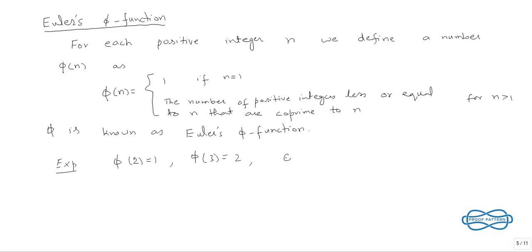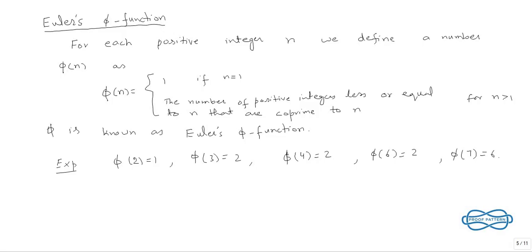And similarly, phi of 4 is also 2 because 1 is relatively prime to 4 and 3 is relatively prime to 4, so their total number is 2, and the integer 2 is not relatively prime to 4. And similarly, phi of 6 is 2, phi of 7 is 6, and so on.